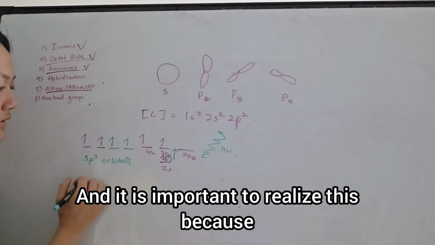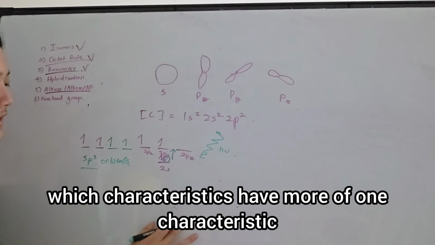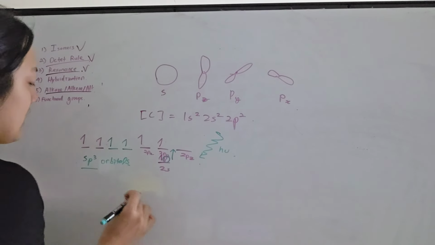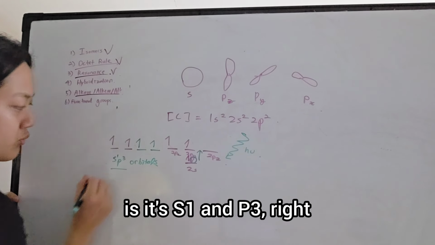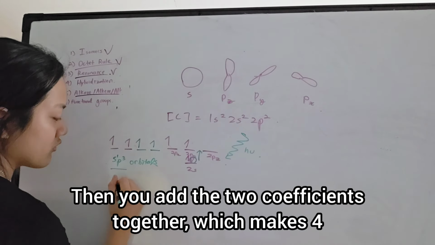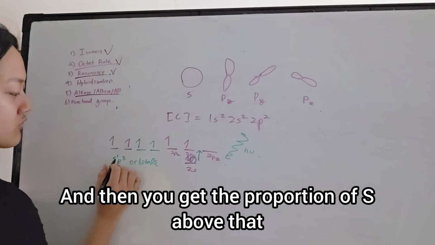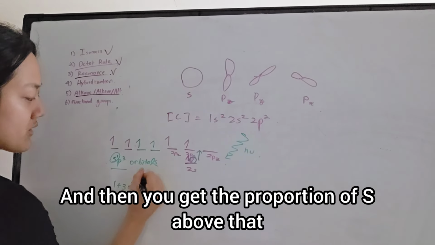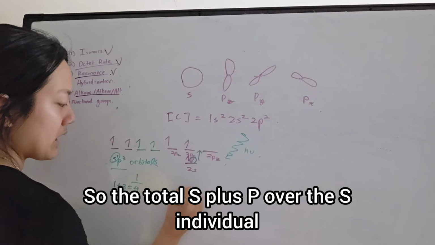And it is important to realize this because you need to know which hybrids have more of one characteristic. And for sp3, how you can calculate the s character is it's s1 and p3, right? Then you add the two coefficients together, which makes 4. And then you get the proportion of s above that. So the s over the total s plus p.